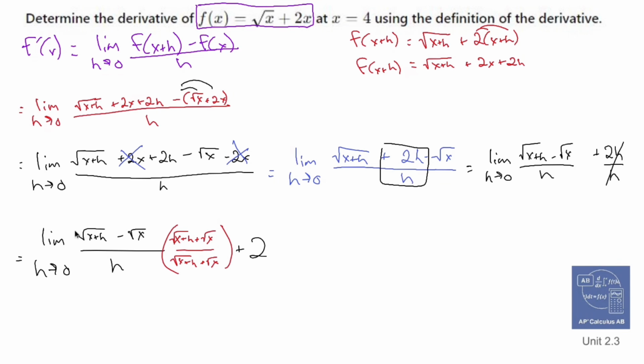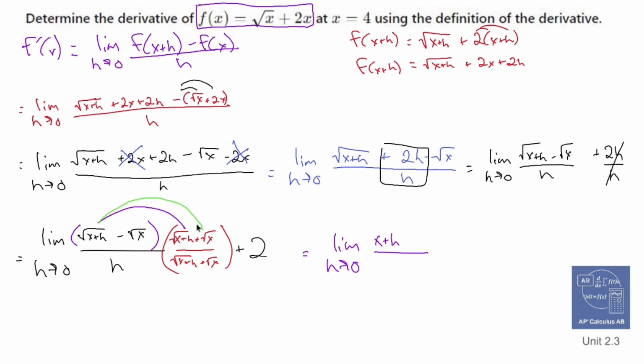When you FOIL this out, you have root x plus h times root x plus h. Root x plus h times root x plus h is x plus h, right? Then you multiply these guys together, and I'm just going to be a little lazy with my words.